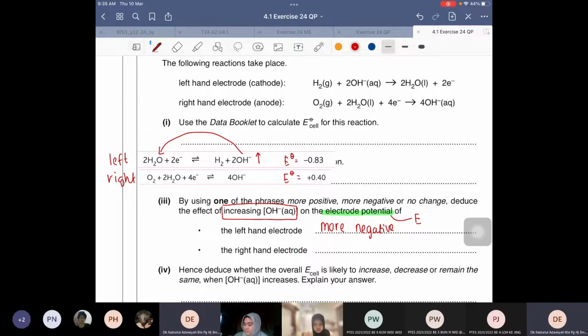Okay, so this time you are increasing OH minus, which is the same thing. And again, increasing OH minus, Le Chatelier's principle will try to reduce it or decrease it by favoring the reverse reaction. So you would expect your E note electrode potential value to be again more negative.